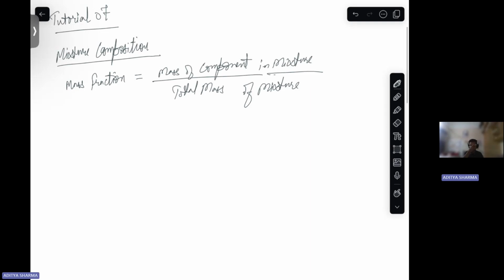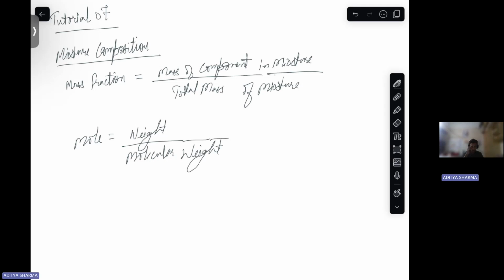The same way is the mole fraction. Before mole fraction, I believe I should write what is mole. Though very basic, this is your weight over molecular weight.